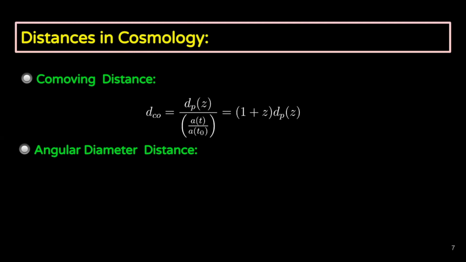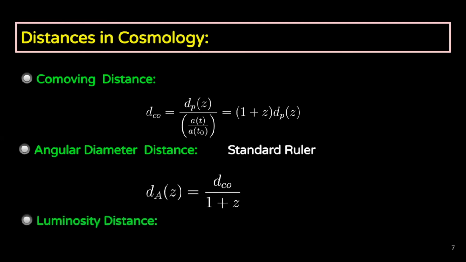In our universe, we have some objects whose sizes are known, and we can define the angular diameter distance as shown here. On the other hand, we have some objects whose luminosity is known and constant throughout space-time, and we can use them as a standard candle.